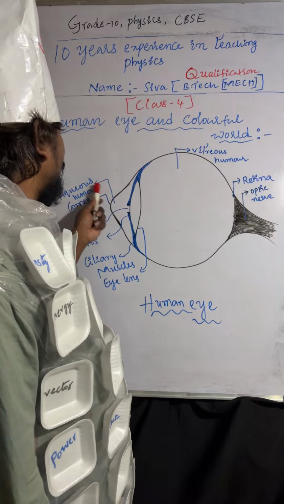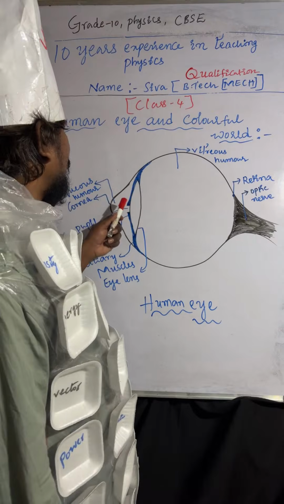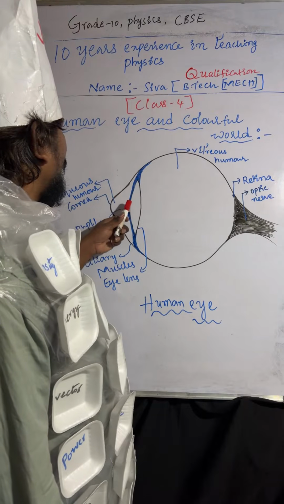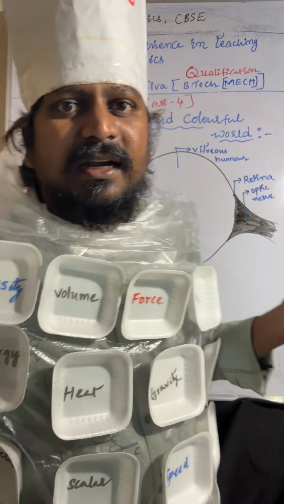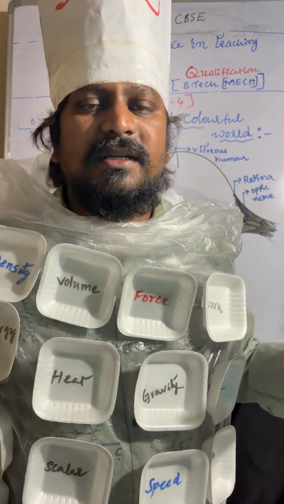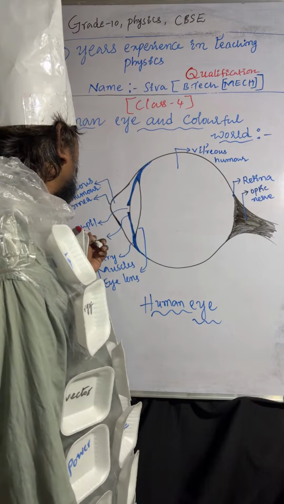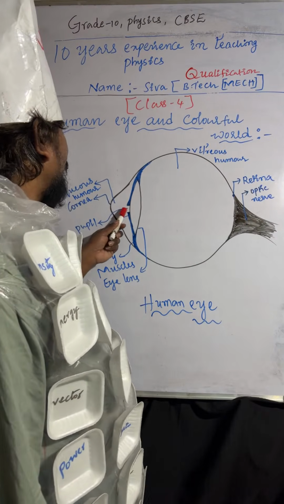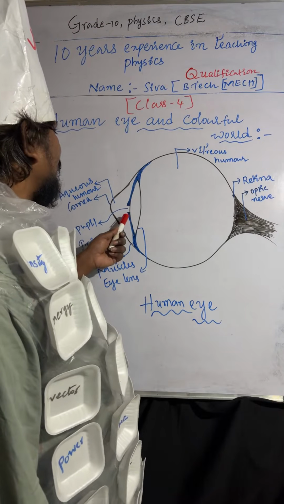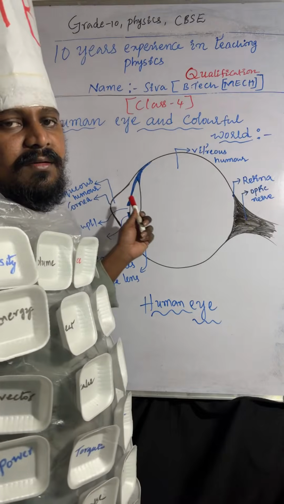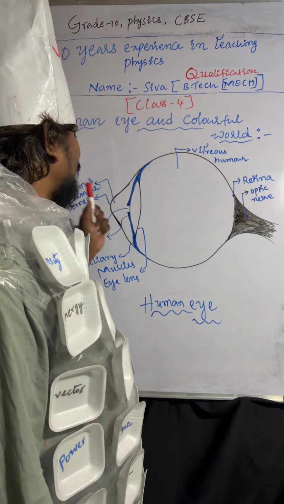Next one, the iris. The iris is a dark muscular diaphragm which controls the size of the pupil and regulates the amount of light entering into the eye.